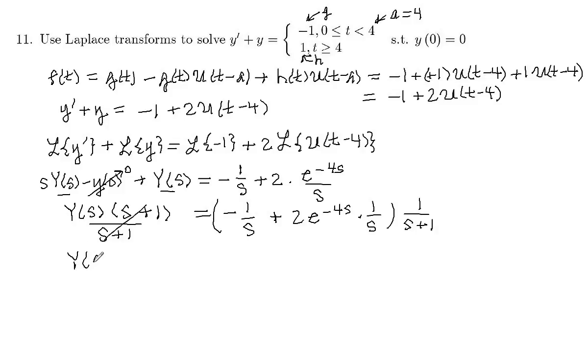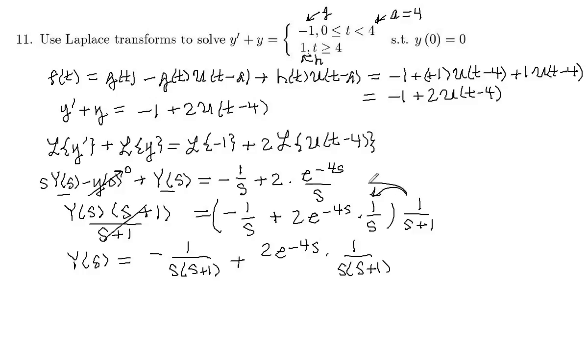Cap Y of s then is going to be -1 over s plus 1, plus 2 e to the negative 4s, and then times 1 over s plus 1. All I did there was multiply in times each term.